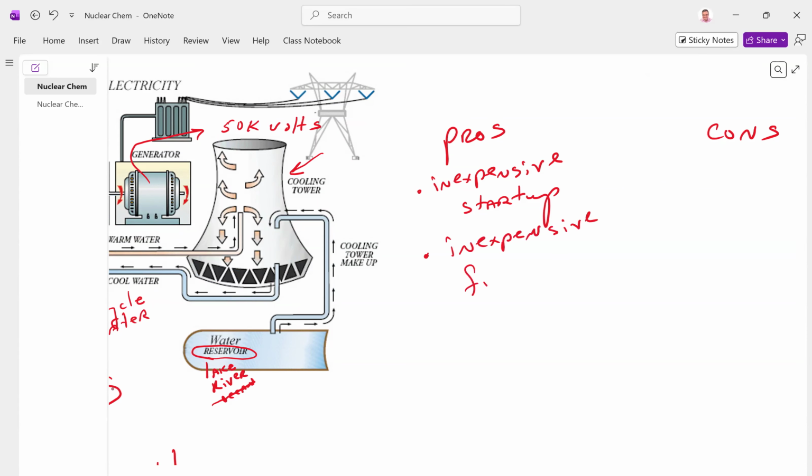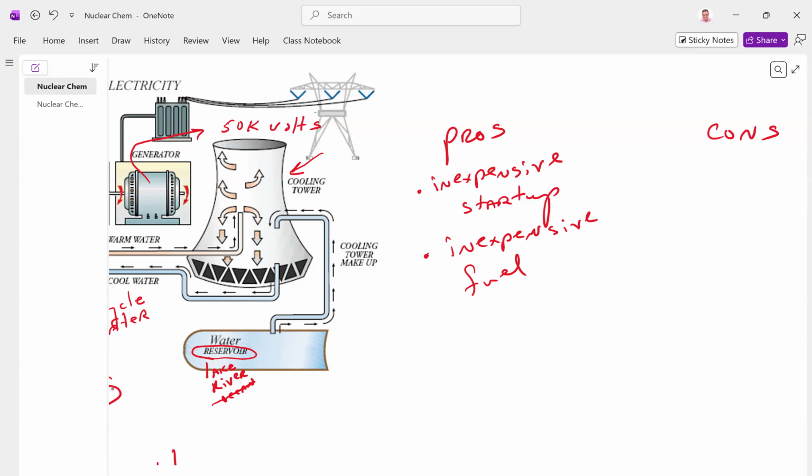Inexpensive fuel. Coal is inexpensive. It's mined in extremely large mines that are open. They're called open pit mines. They're huge, huge. And in volume, you get very inexpensive coal. Now, we export a lot of coal as well, by the way.